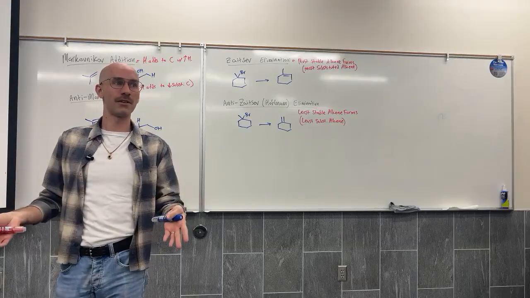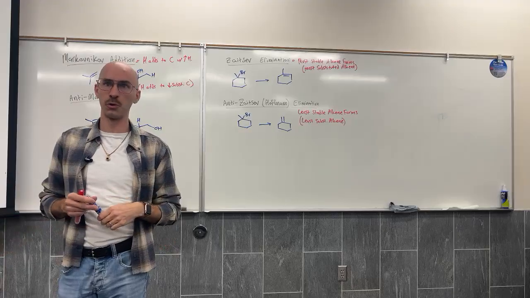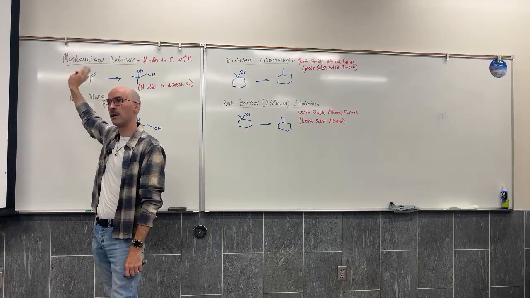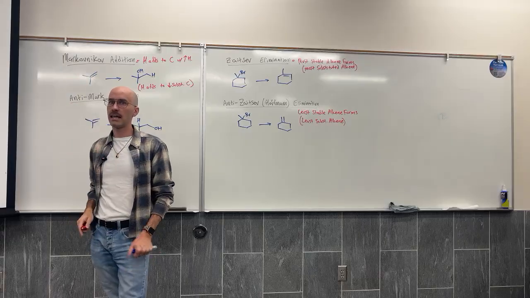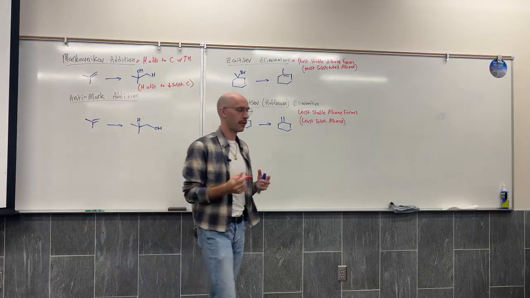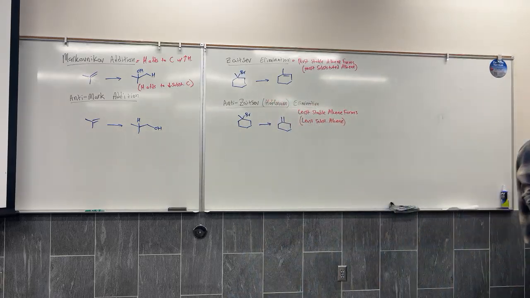But we don't have anyone's name to use as a rule for it because Markovnikov pinned himself in a box and said, my rule only applies if there's a change in one hydrogen. So I'm going to try and teach you what Markovnikov's rule should have helped us identify, despite the fact that his rule is far too limited.